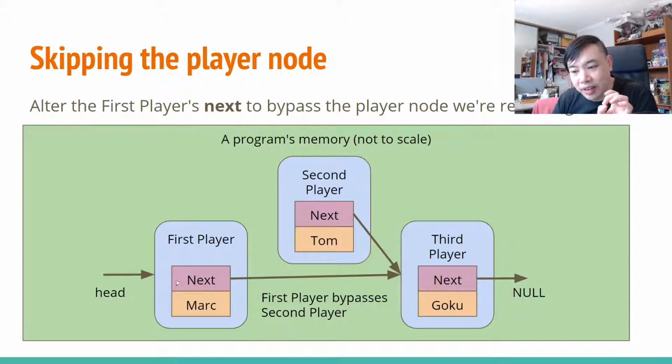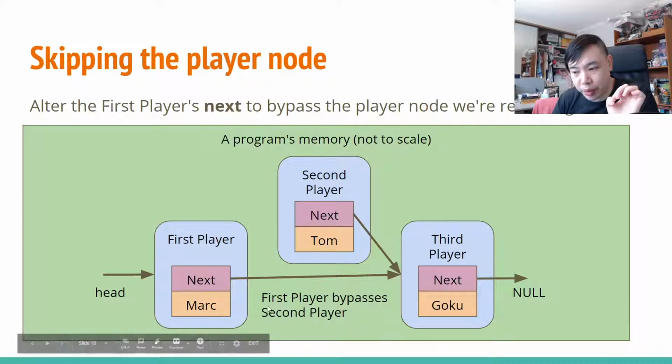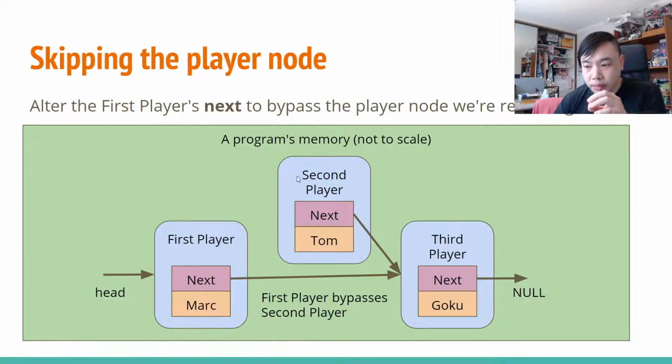And this can be any node that's the one that's before the thing that's going to be removed, has to bypass it by moving its next pointer. So what it's going to do is actually copy the removing node's next pointer and say, since you're not going to be around anymore and I need to connect to the rest of the list, I'm going to copy your next pointer, and that skips over you.